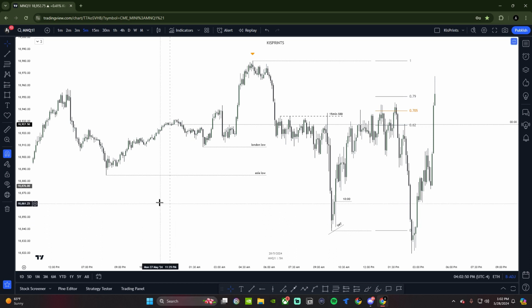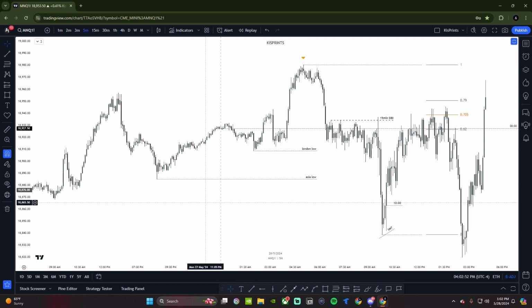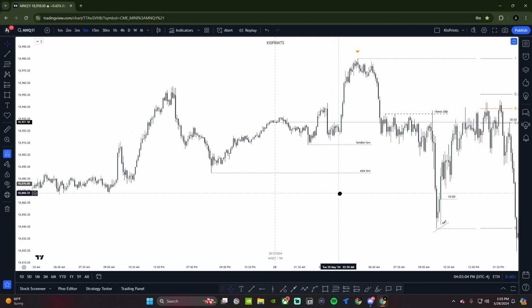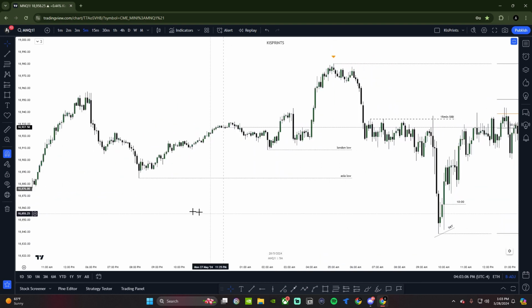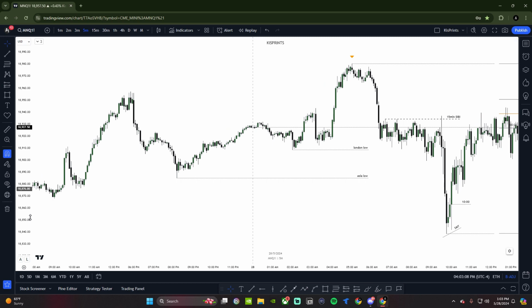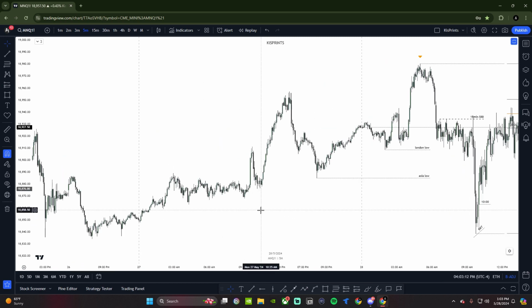So starting off with the left, before market open, what I do is I like to mark out three things mainly. I like to mark out midnight open, and I like to mark out Asia and London high and low. So for example, in today's session, this is Tuesday, and yesterday, Monday, was a bank holiday.